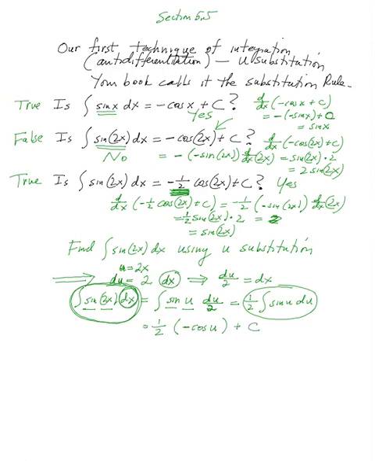In other words, go back up here to the top. Didn't we say that antiderivative of sine x dx is minus cosine x plus a constant? That's the same thing as saying antiderivative of sine u du is minus cosine u plus a constant. Okay? It doesn't matter what you call these variables.